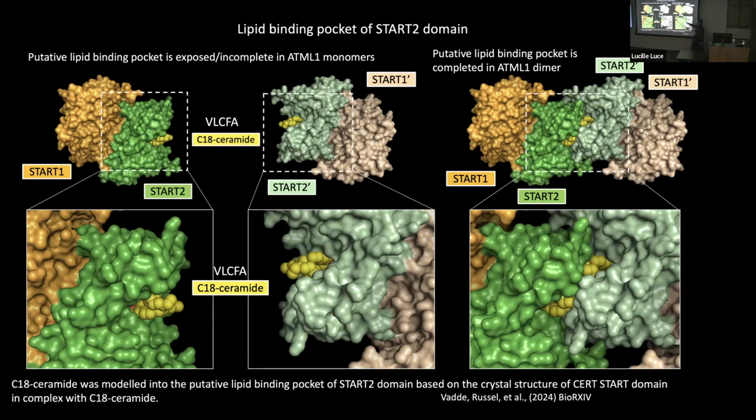And now we have the complete pocket for the very long chain fatty acid, for both very long chain fatty acid binding. So it looks like this is involved in dimerization of ATML1, potentially activating it to activate downstream genes. And so it looks like it's regulating ATML1 via this dimerization.